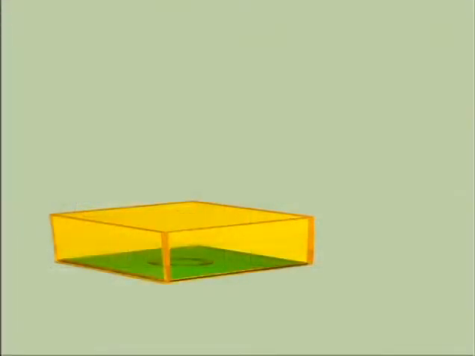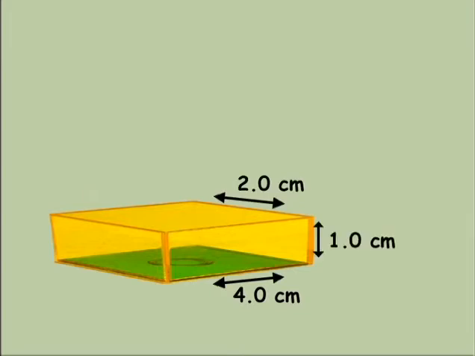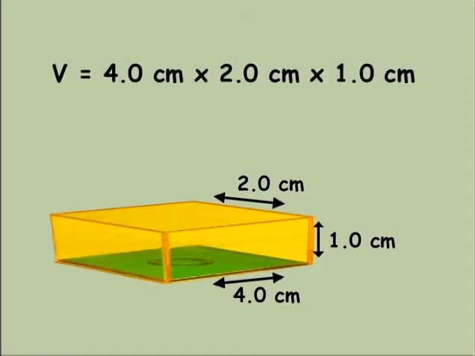Okay, now find the volume of this rectangular solid. It has a length of 4.0 centimeters, width of 2.0 centimeters, and height of 1.0 centimeters. To find the volume of this solid, you multiply 4.0 centimeters times 2.0 centimeters times 1.0 centimeters to get 8.0 centimeters cubed.